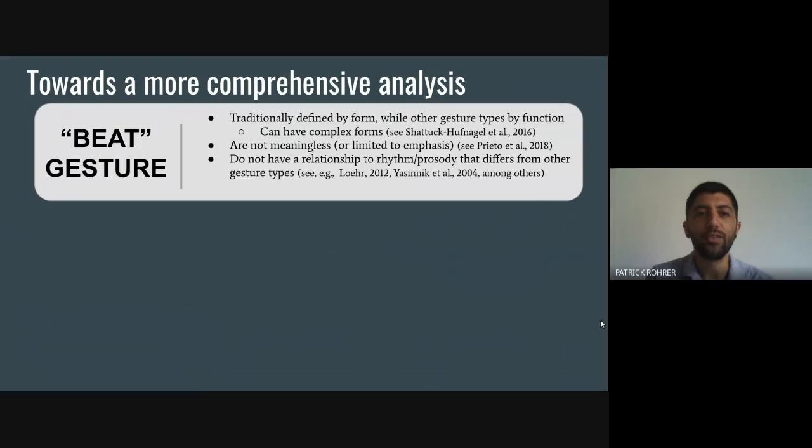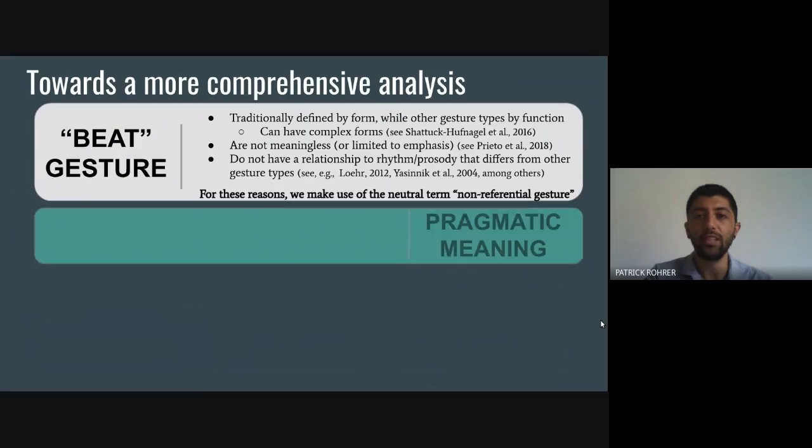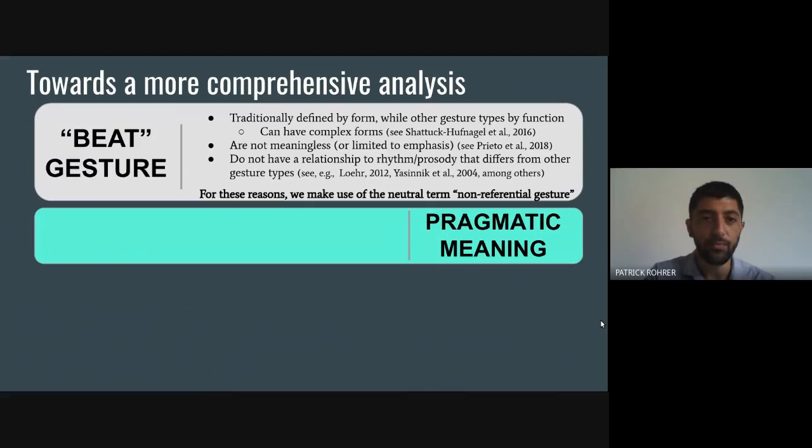So for these reasons, we're going to make use of the term non-referential gesture. We believe it to be a little bit more neutral. So if I say non-referential gesture, I'm talking about this group of gestures with the McNeillian sense of a beat gesture.